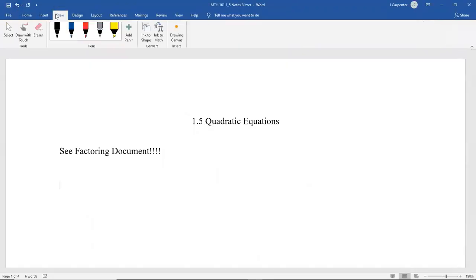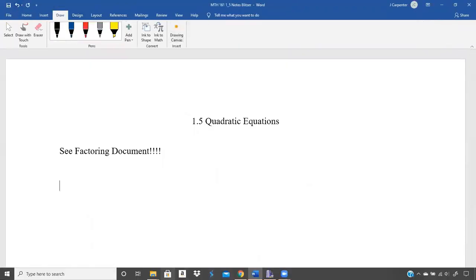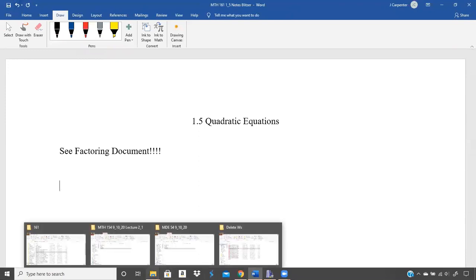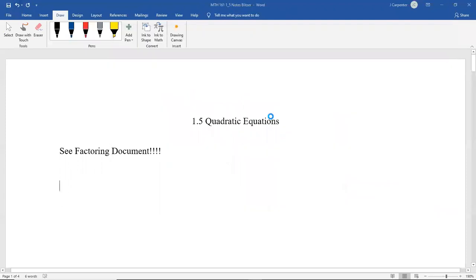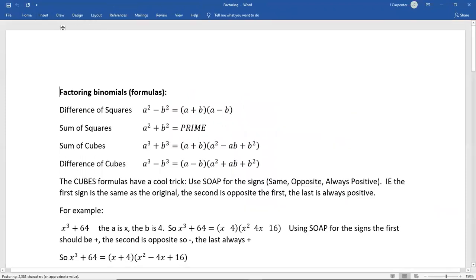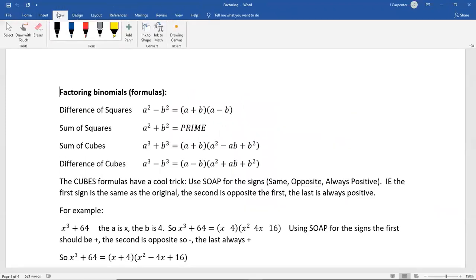Let's try closing and opening. Let's see if it was working in the other one. It's working in this one at least. So I can always just write somewhere else. Factoring. Oh, hey, let's have one weird thing lead to another. Well, either way. There we go. Okay. Technology, am I right?